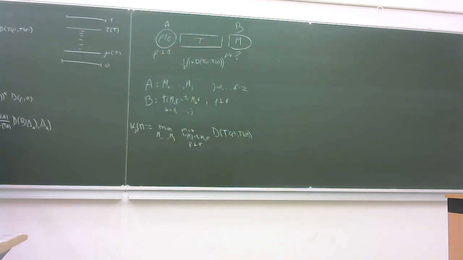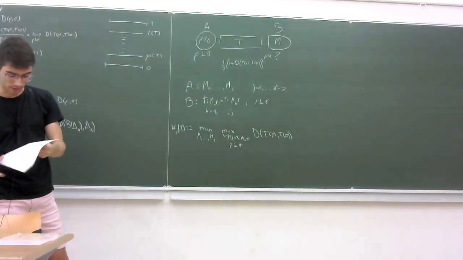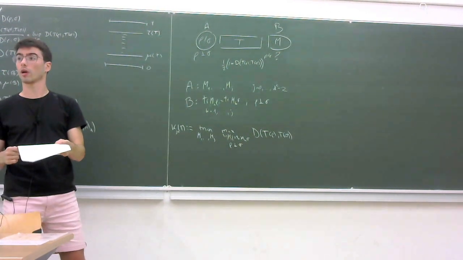So, okay, I can maybe just take 5 minutes more. Why is this interesting in the first place? Because this definition is very similar to Weyl's minimax principle for singular values.